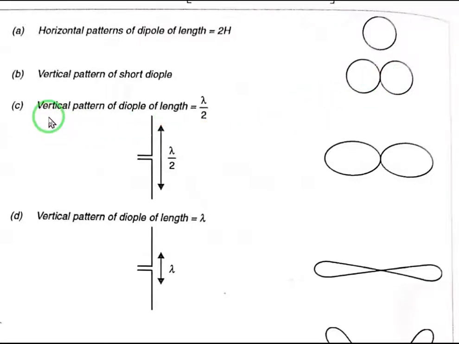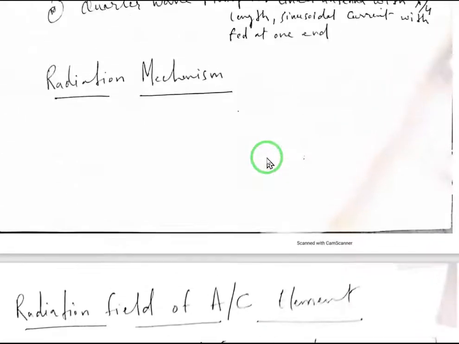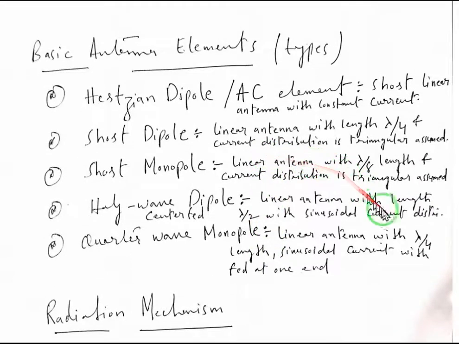Then, if we have a dipole with length lambda by 2 and it is vertically polarized, first we will see what type of dipole has a length of lambda by 2. That is the half wave dipole.